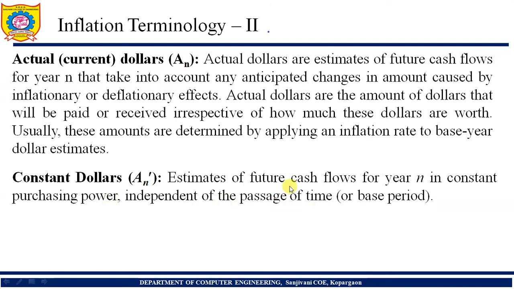Here you have to calculate the constant dollar for the future cash flow for year N in constant purchasing power, and the constant cash flow is independent of the passage of time.